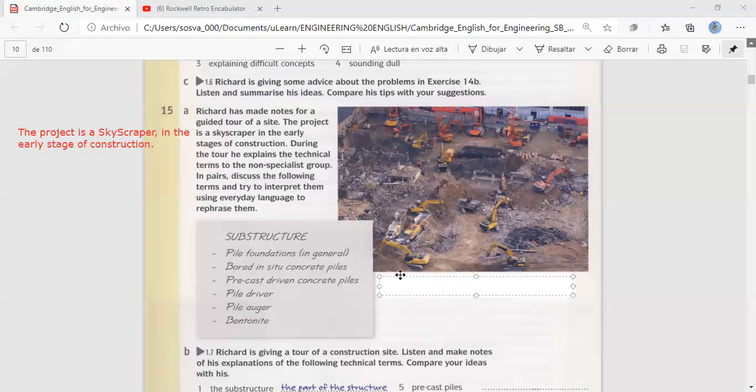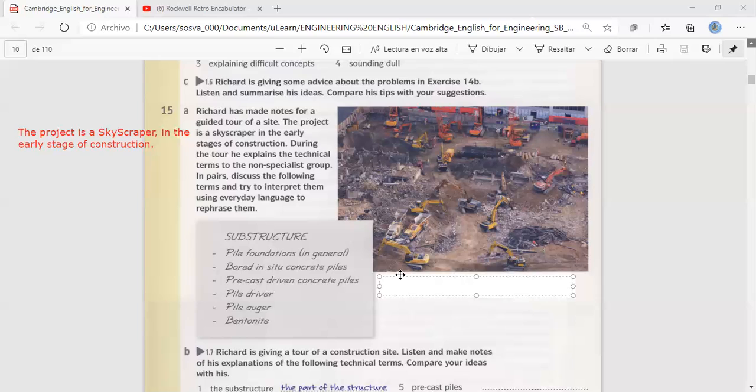Then the pile driver. Do you know what a pile driver is? Well, in this case, I think it's like a big column or the main column in the construction.